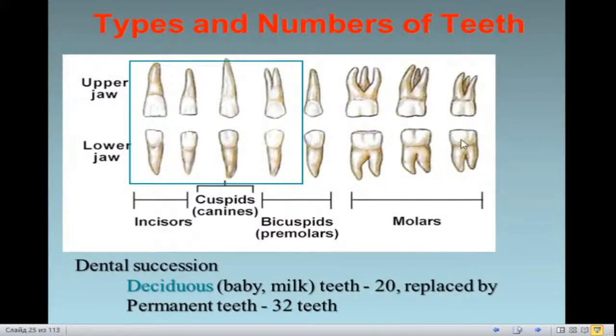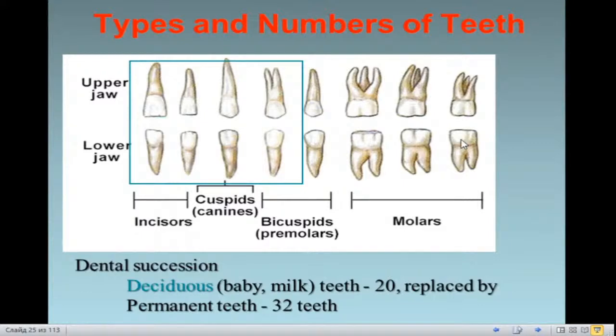In kids, we also use teeth formula, digital numeration and two-digit or clinical numeration, but the numbers are different. Firstly, that is associated with the fact that kids lack premolars. There are no premolars.